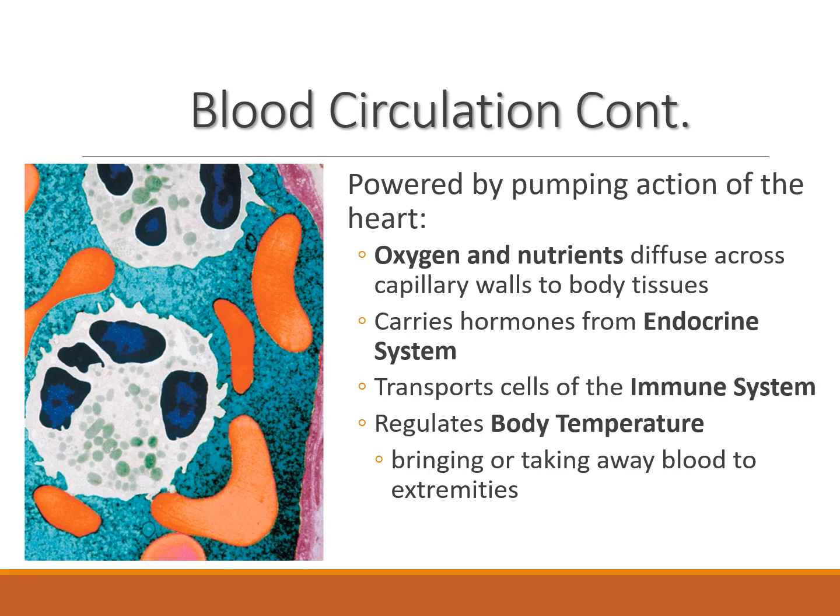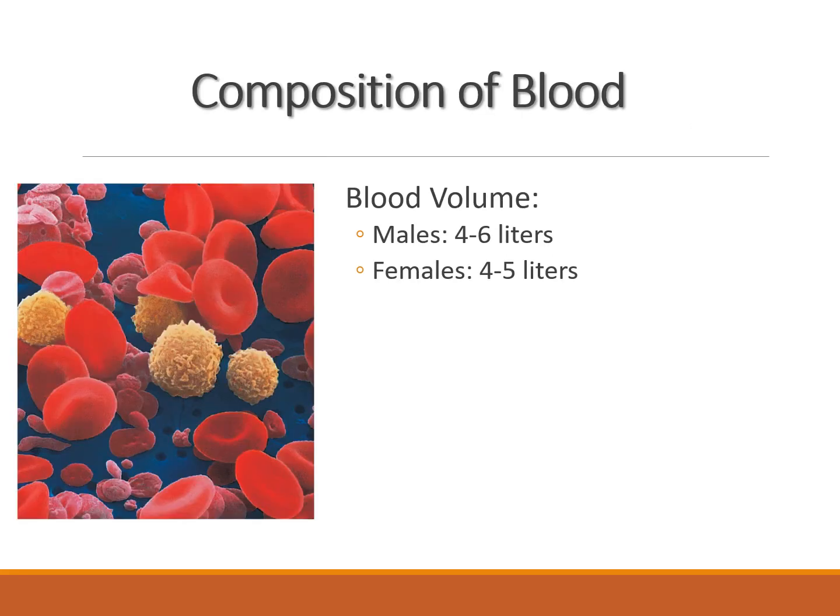So if it's really hot, you want to have all your extremities full of blood so that you can have evaporative cooling via sweat to help cool yourself off. Or if it's really cold, you can take that blood away from the extremities and just keep it in the core, in the torso, and help keep those important organs warm and for survival. So again, it's a big thing for body temperature is blood circulation.